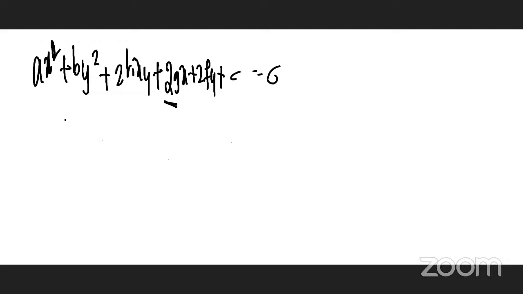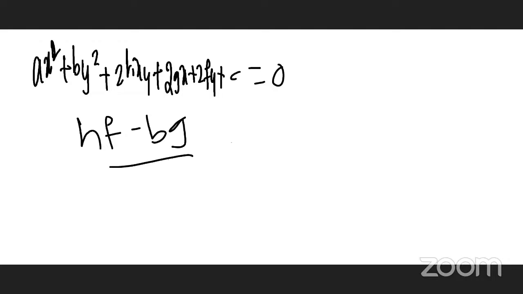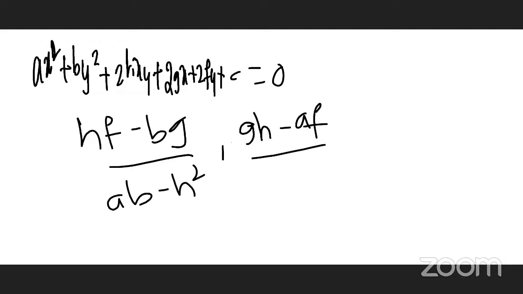We have to shift the origin to (hf minus bg by ab minus h square, comma gh minus af by ab minus h square).